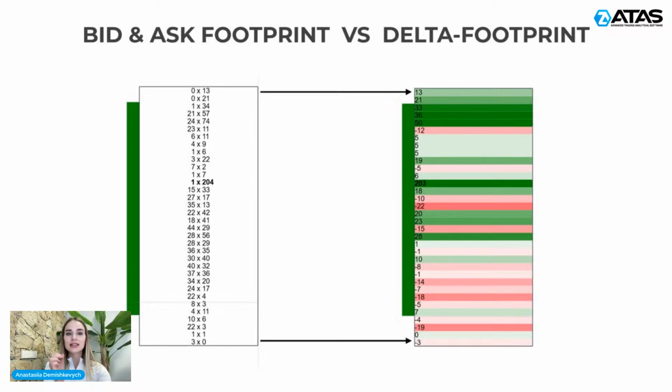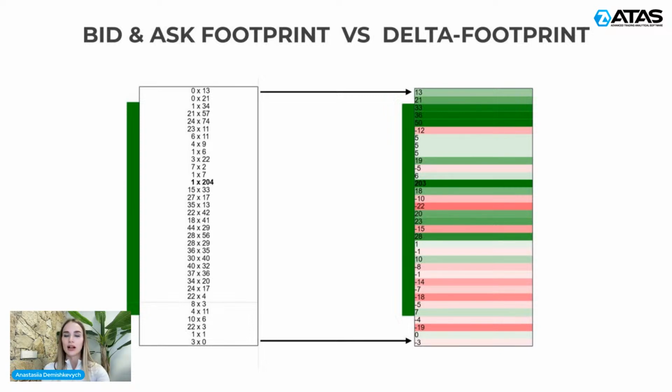And here is the same example of the candle. You can see on the top row, we had 0 bids and 13 asks. The delta is ask minus bid. So the delta in this case is going to equal 13, which we see on the right side of the screen. The delta is green and it shows the number 13 inside of the top cluster.